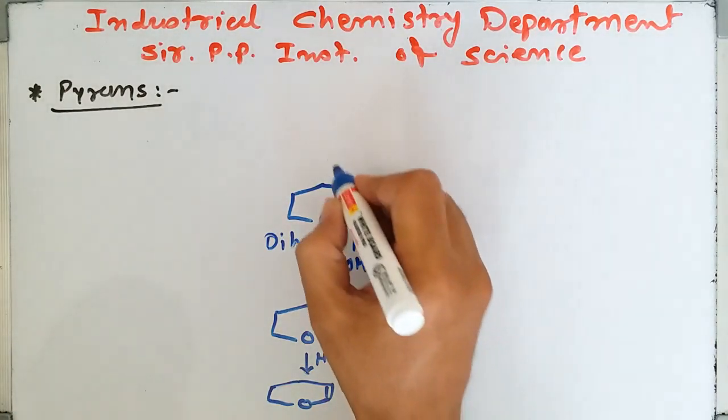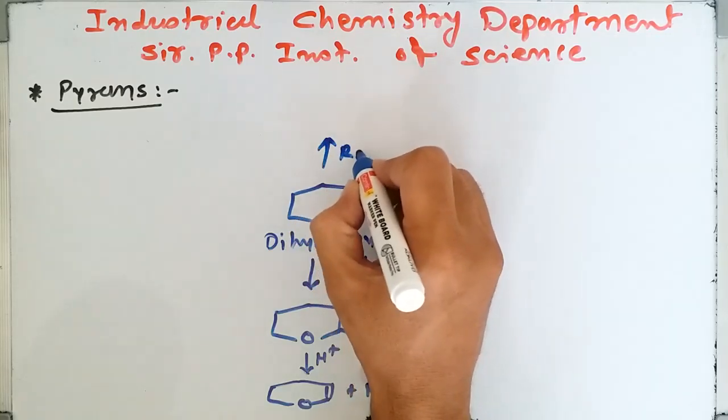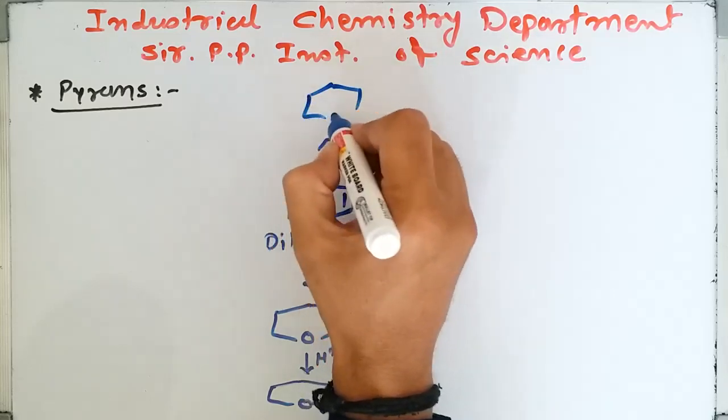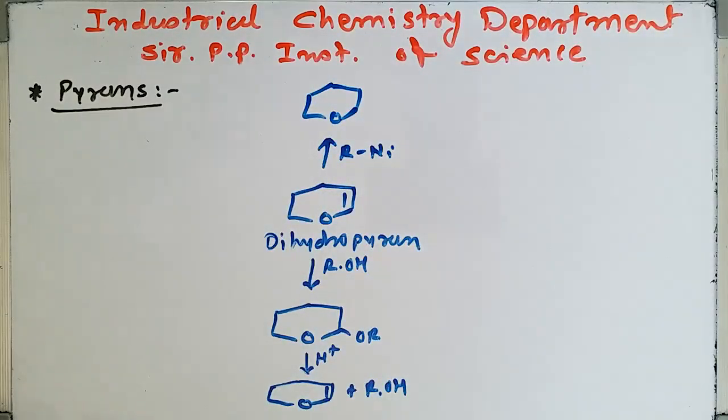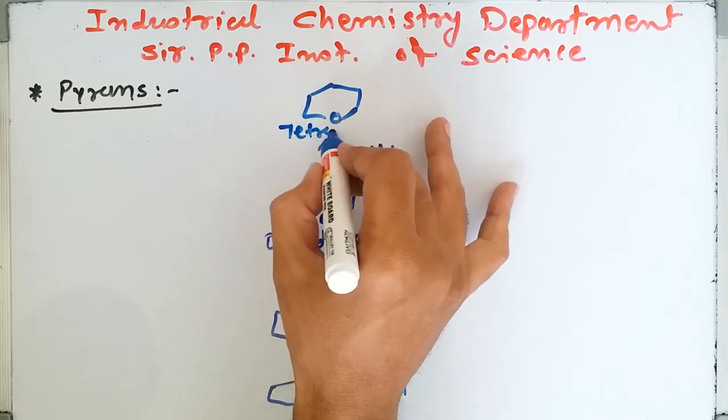So catalytic reduction takes place with the help of Raney nickel, and it converts into tetrahydropyran. This is tetrahydropyran.